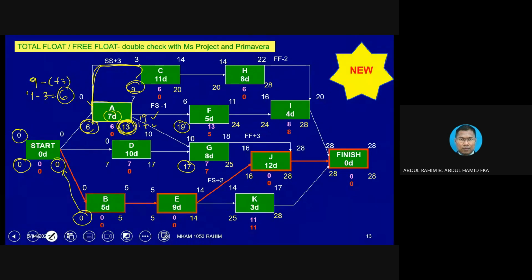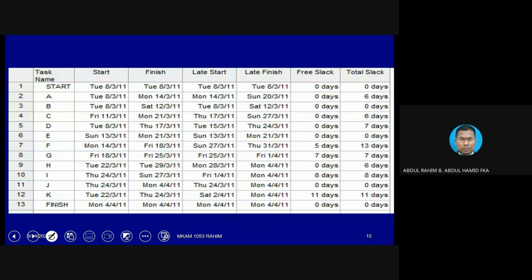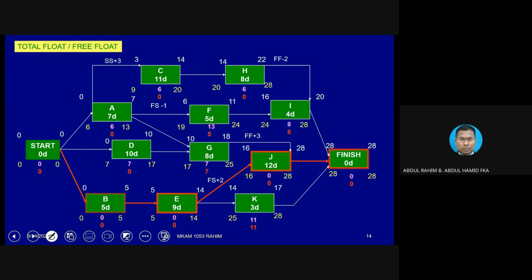Okay, now after you complete those things, you notice next step, you can calculate total float. It is very easy to calculate total float because total float is just the difference between this value and this value, or this value and this value.